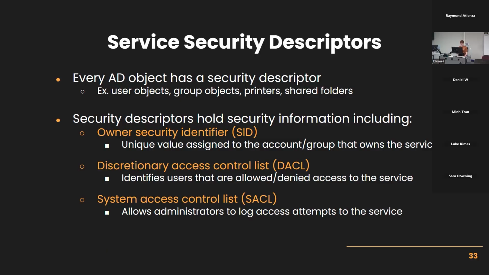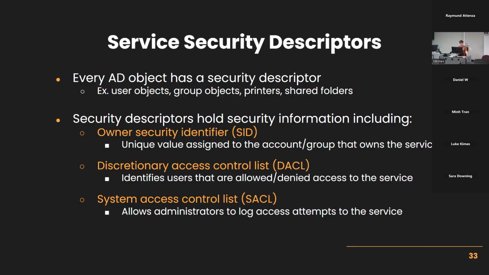And those security descriptors hold information such as who owns that thing, so the unique value assigned to the account or group who owns that specific service or object. And then you also have an access control list, which identifies who is allowed to access or not allowed to access the server, the service or object.